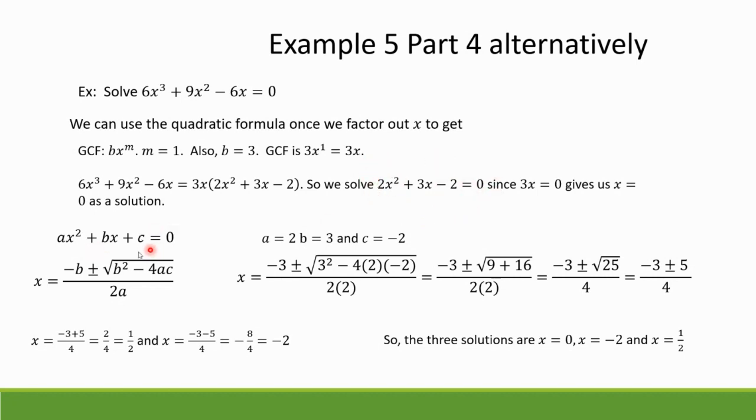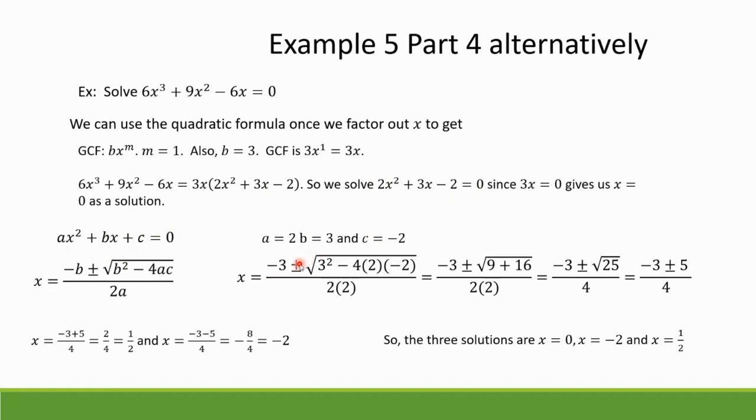Remember, if you have something like this, the quadratic formula looks like this. So we have A here would be just 2, as you can see by comparing. B would be 3. And C would be -2. Remember, you have to include the negative. And then you just plug it into the formula.